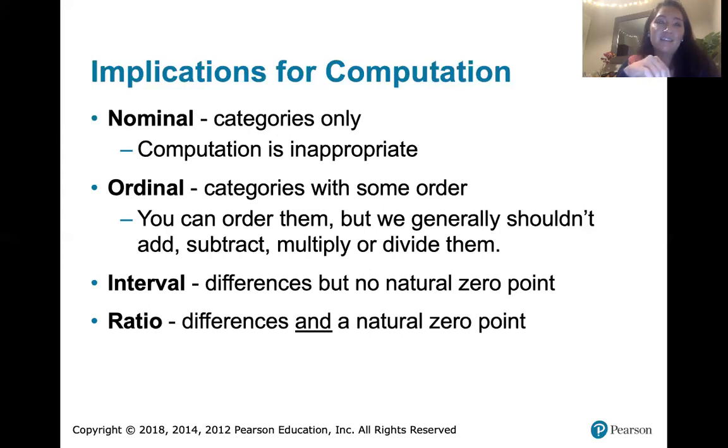Then based on the level of measurement, you can say, oh, that was ordinal data and somebody subtracted them, or we averaged nominal data in some way. So those are our 4 levels of measurement. And again, the levels of measurement are important because they tell us what we can do with that data. That means they give us some guidelines and restrictions on what types of computation are appropriate.